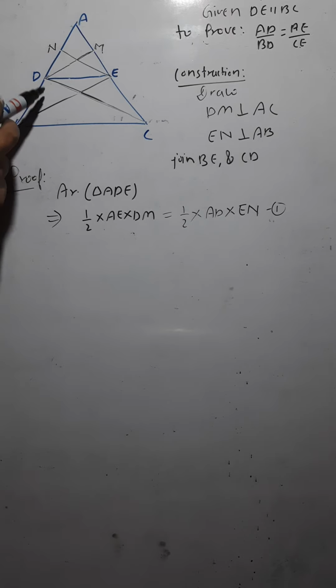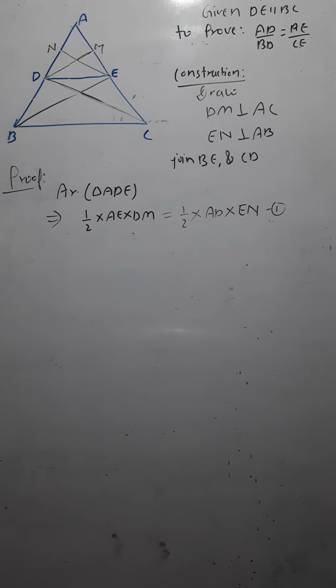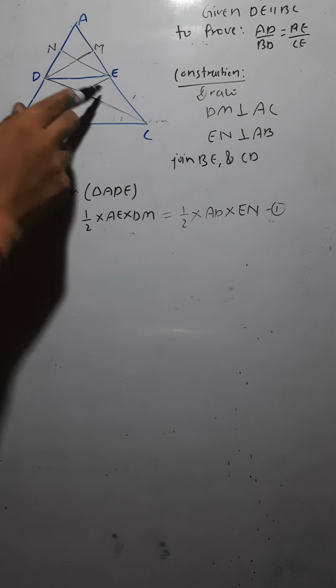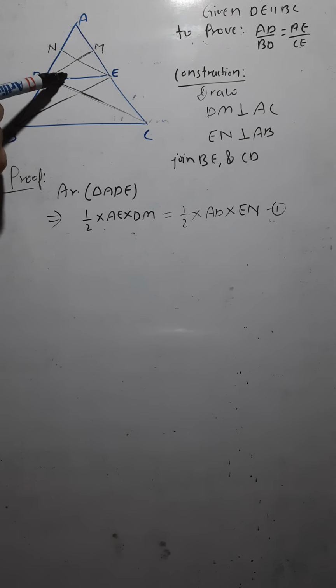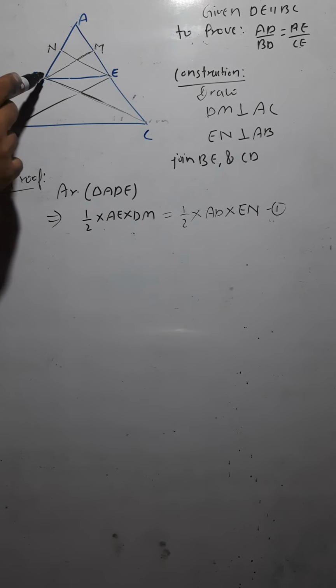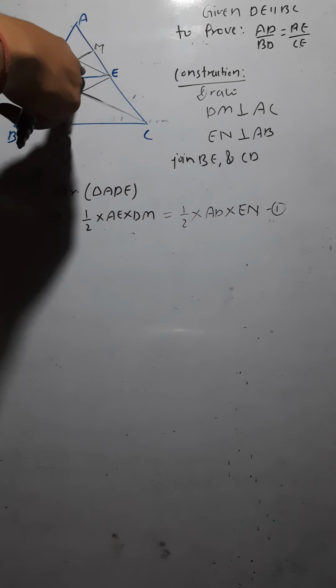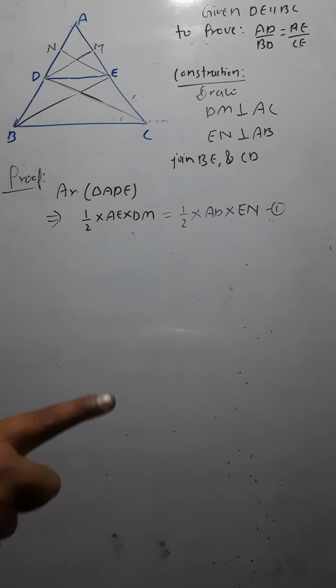It implies both the triangles, this one as well as this one, have the same base, that is DE, and this DE is perpendicular to BC. Now what have I said? If there are two triangles with a common base and between two parallel lines, remember this, then the areas of these two triangles would always be equal.